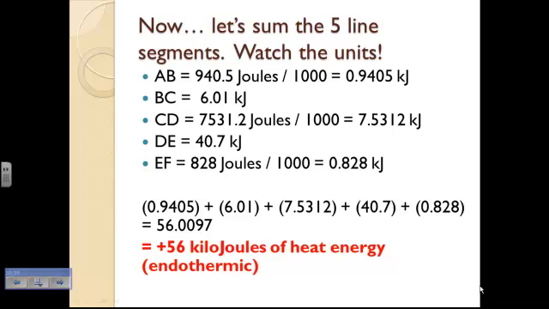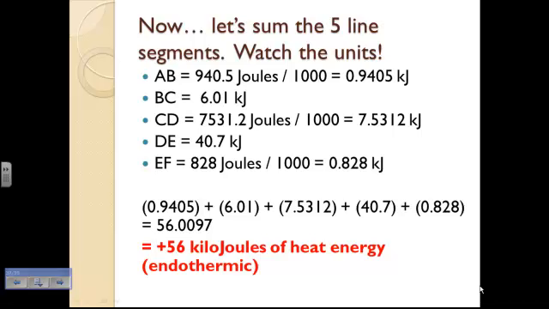We have to add all the same units. I took my line segments that had relatively larger numbers and divided by 1,000. Line segment AB expressed as a kJ. Slide your decimal 3 spots, 0.9405 kilojoules. I did the same for line segment CD. Slide your decimal 3 spots by dividing by 1,000, easily converting your joule to a kilojoule.